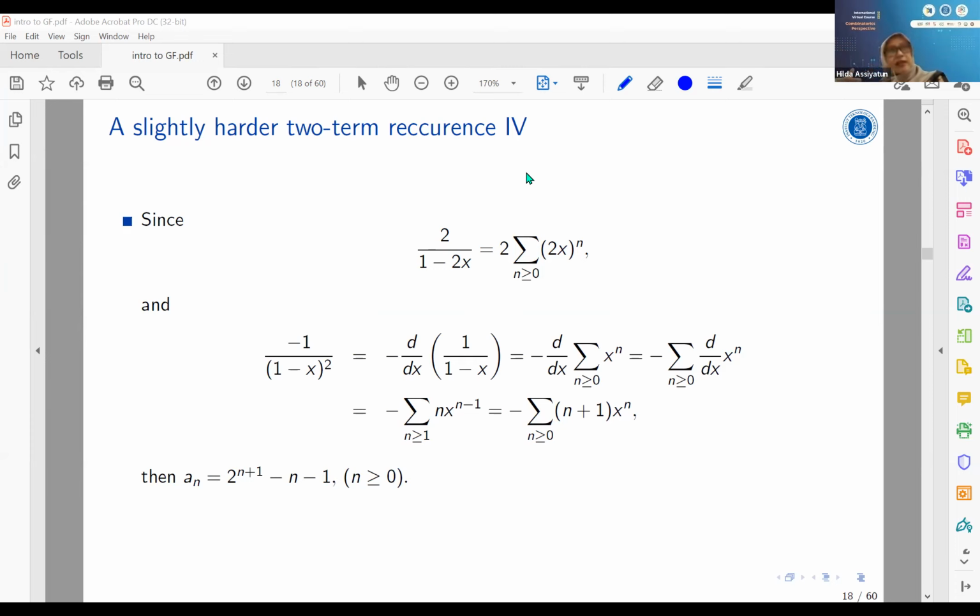Generating function is more algebraic than analysis. So we can manipulate the sequence without worrying about convergence, just using the generating function or the series to hang our sequence on.